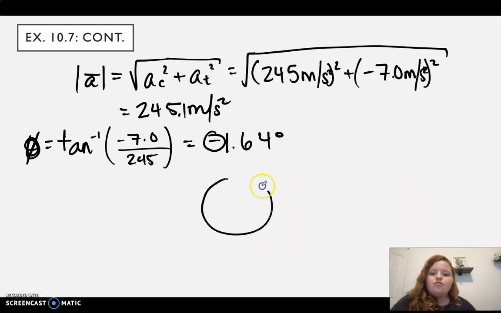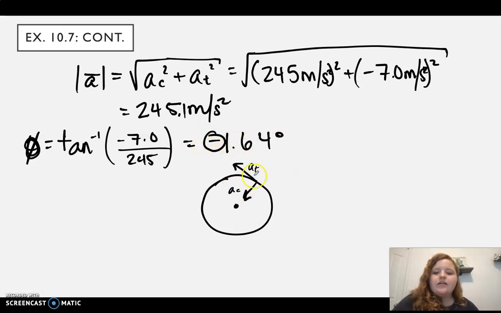Okay, so if I were to draw this circle, this is a lumpy circle, but bear with me. We have some sort of centripetal acceleration towards the center of the rotation, the axis of rotation. We have our tangential acceleration, so a sub t and a sub c, okay.